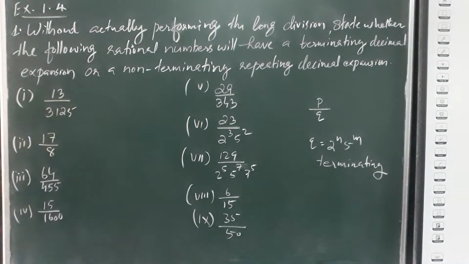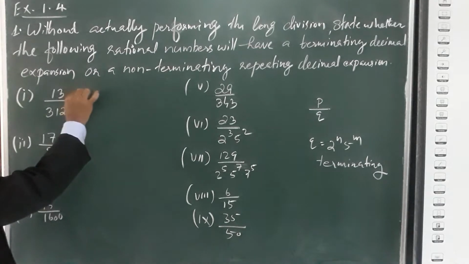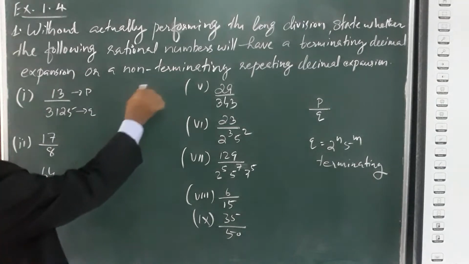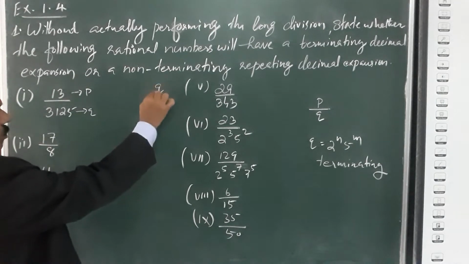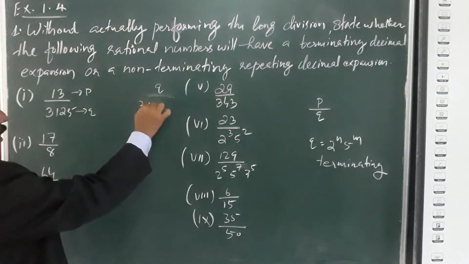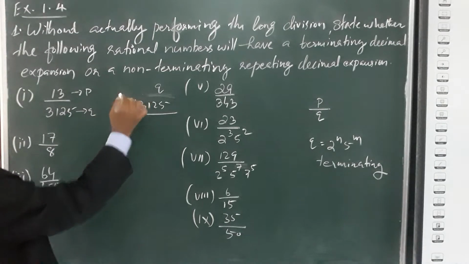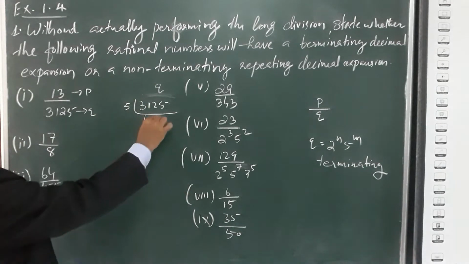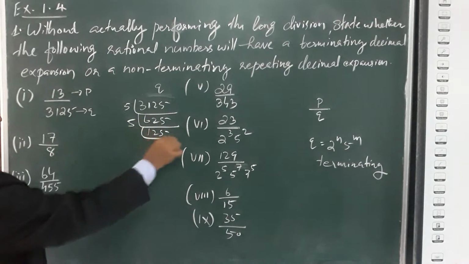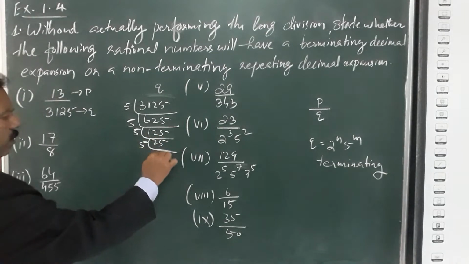The first one is 13 by 3125. Here this is p, this is q. Now you have to factorize q. q is 3125. Factorize it: 5 times 625, again 5 times 125, again 5 times 25, again 5 times 5.